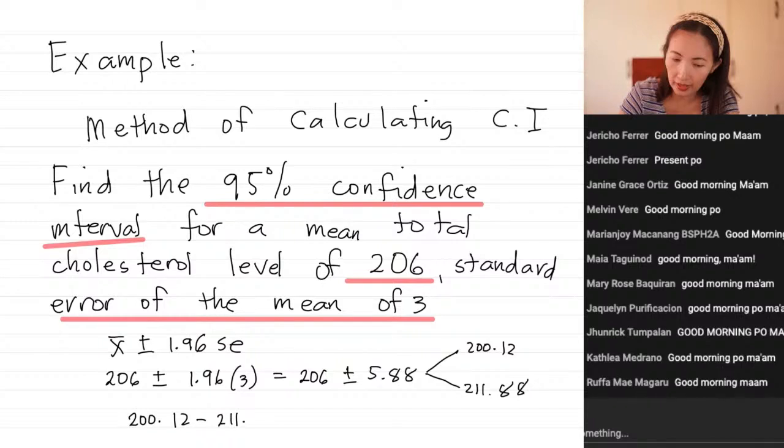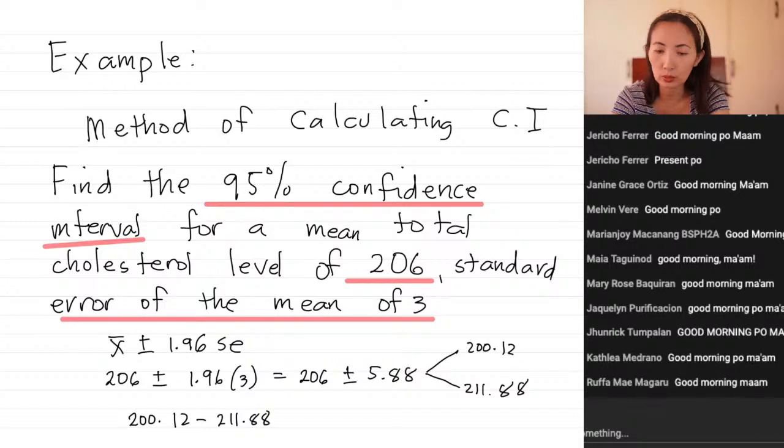What does it mean? The best estimate of the true population mean is between 200.12 and 211.88. So the confidence interval indicates how precise the estimate is.